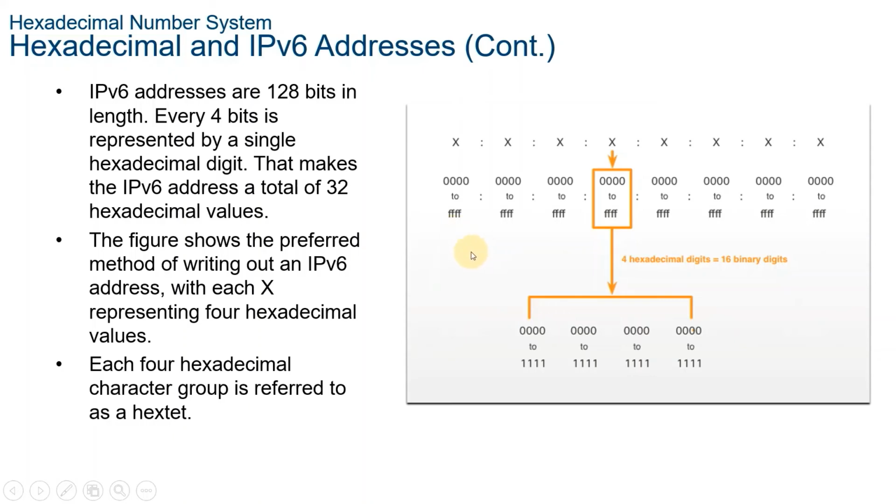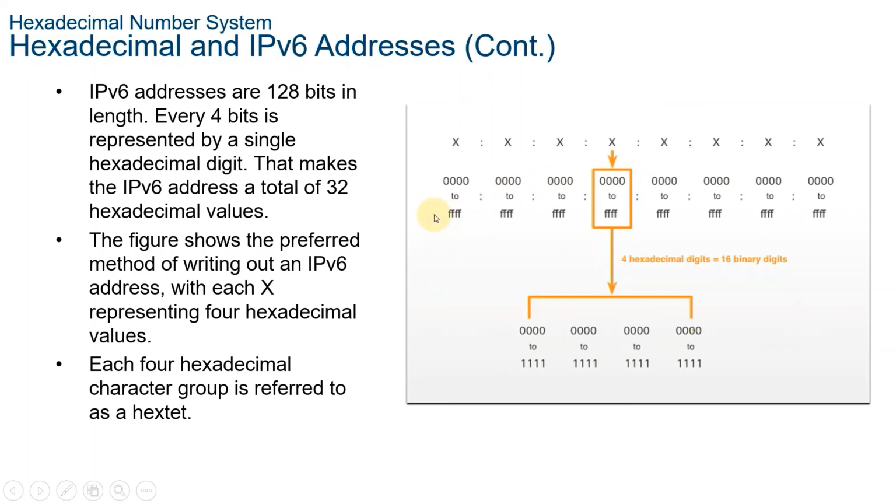As shown in the figure here, the preferred format for writing an IPv6 address is x:x:x:x:x:x:x:x, with each x consisting of 4 hexadecimal values.